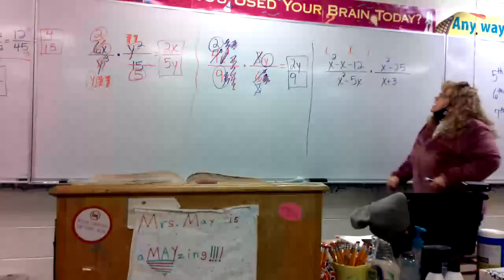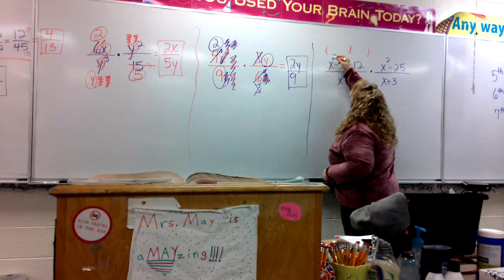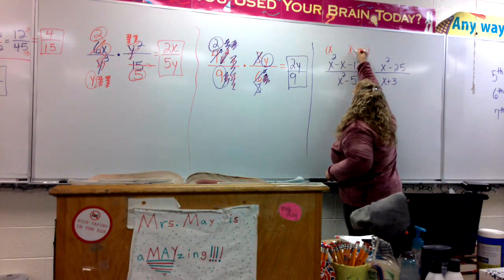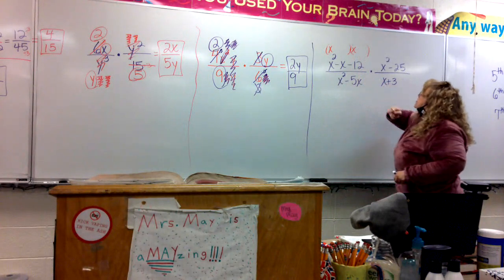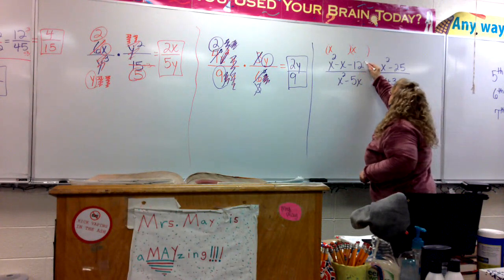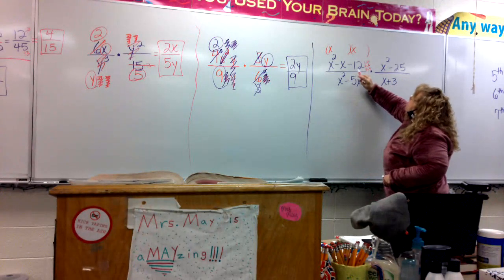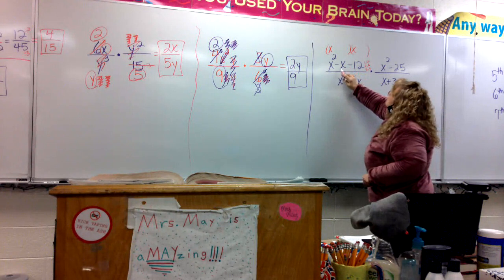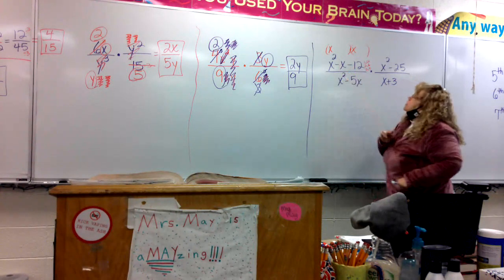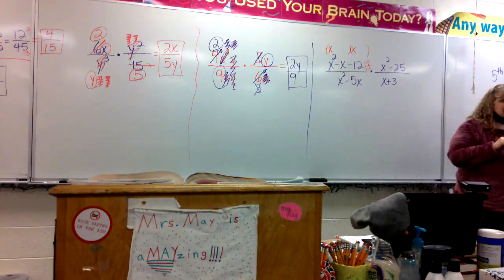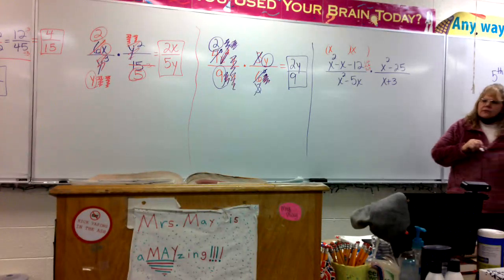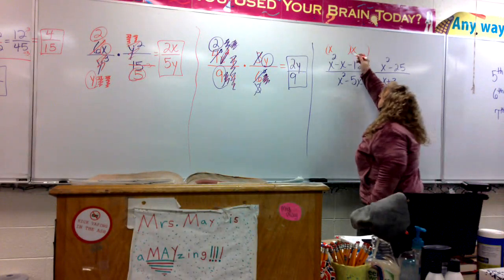No. So then the two parentheses, x squared, that's going to have to be x times x. Down here I have a 12. 1 and 12, 2 times 6, 3 times 4, and I need the combination that would subtract to 1. We assume there's a 1 there. What combination would subtract to 1? 3 and 4?